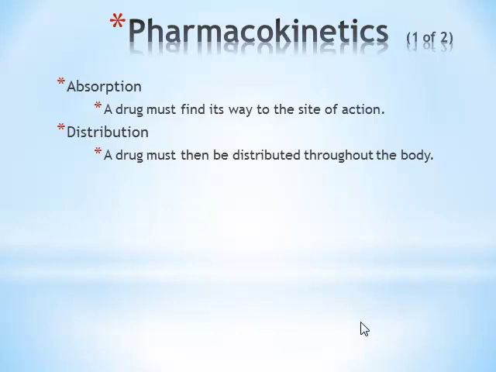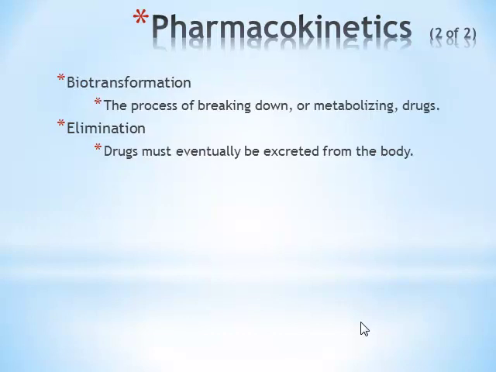Distribution is how the medication is distributed throughout the body. But then it goes through biotransformation, which is the breaking down or metabolizing of the drug into its active form if required, and finally all drugs must be eliminated, and that's where they're eventually excreted from the body.